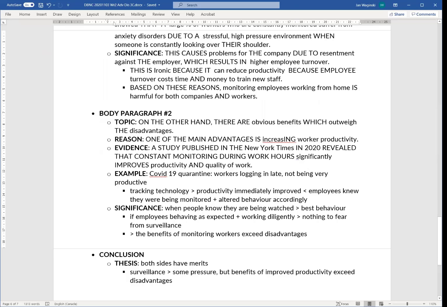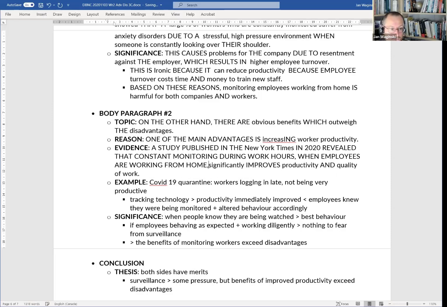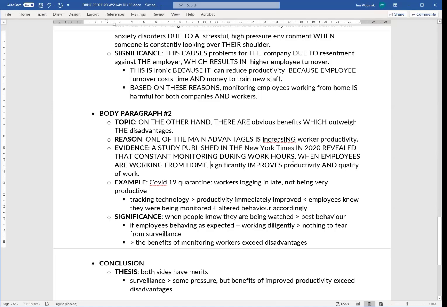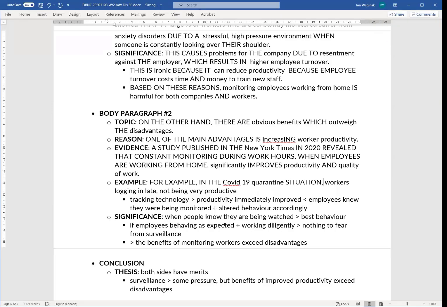When employees are working from home, increasing productivity and quality of work. For example, in the COVID-19 quarantine situation, where workers are working from home. We can give something like this or not?